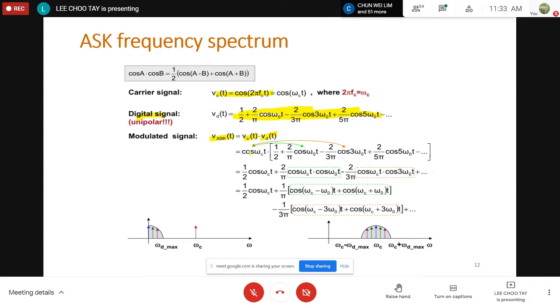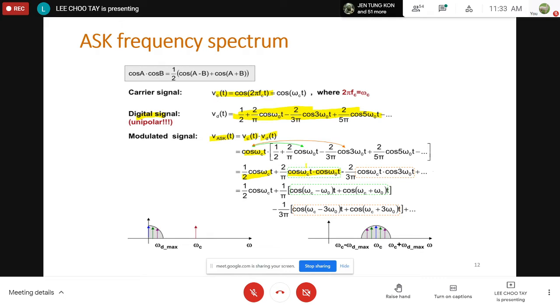All right, so we multiply, put in the expression for the carrier signal, which is cos omega c. And then the next part is the expression for your digital signal. So when you perform cross multiplication, you're going to have half cos omega c t, which is your carrier component, followed by the product of the various frequency components in your digital signal with the carrier.